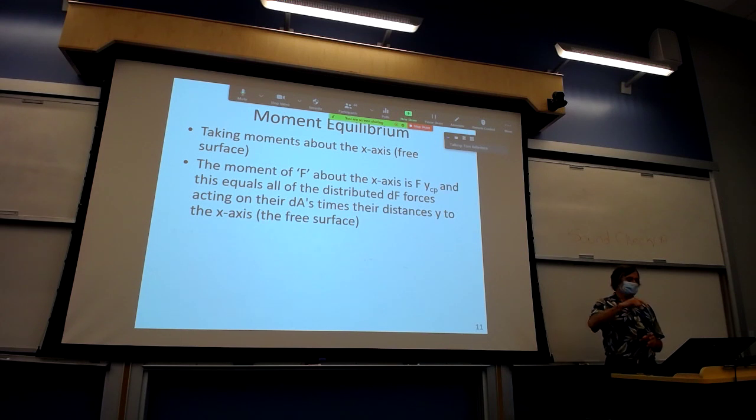F yCp, the moment of the resultant force about the free surface, is equal to all the distributed dF forces. Each dF force acts on each strip dA. And each dA has a distance y to the x-axis, which again is the free surface.